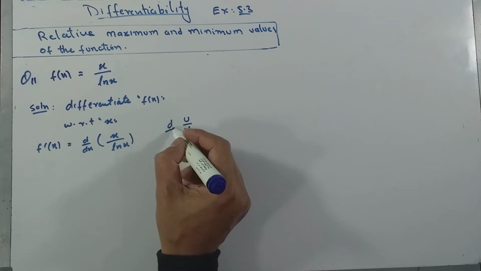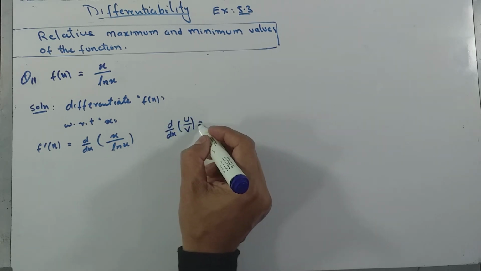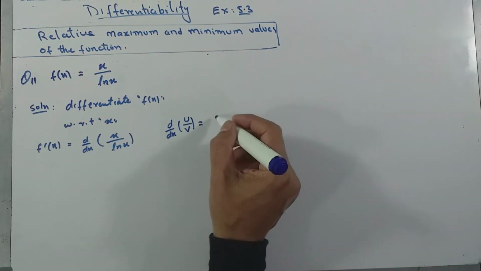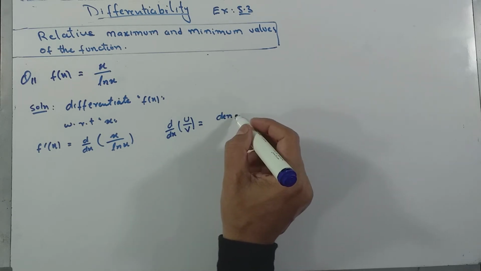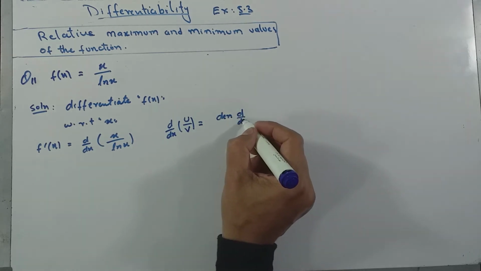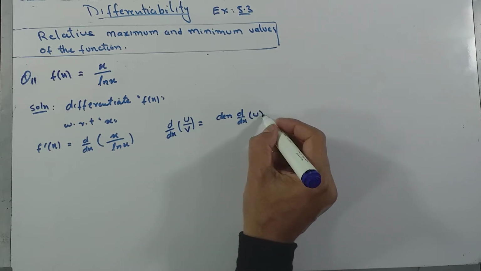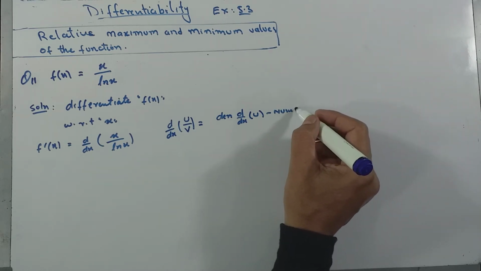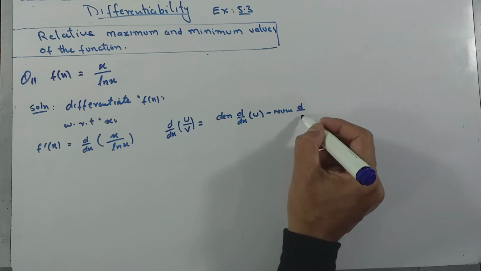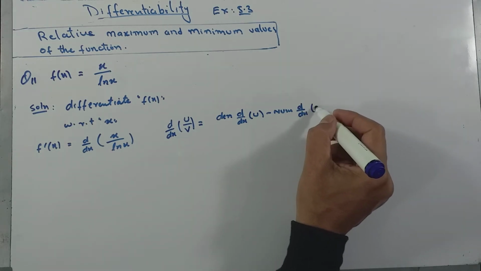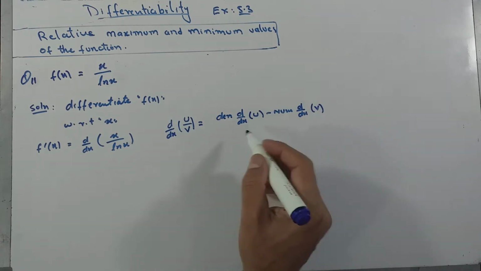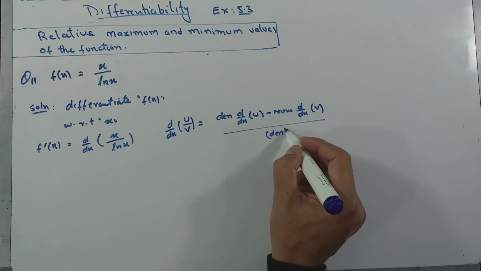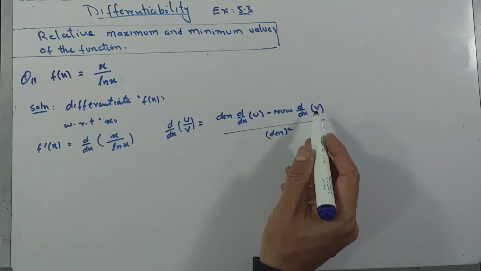To find the derivative, the quotient rule is: denominator multiplied by derivative of the numerator, minus numerator multiplied by derivative of the denominator, divided by denominator square, which is v square.